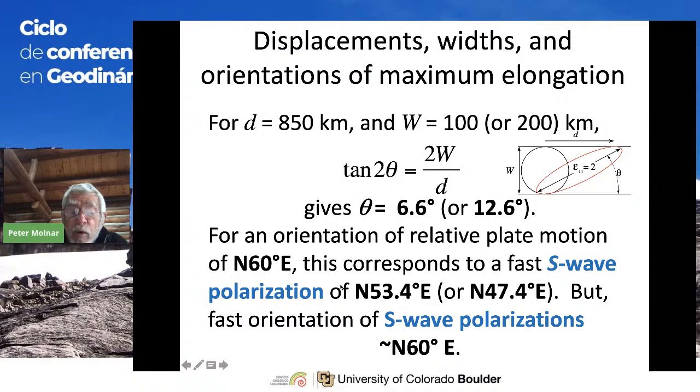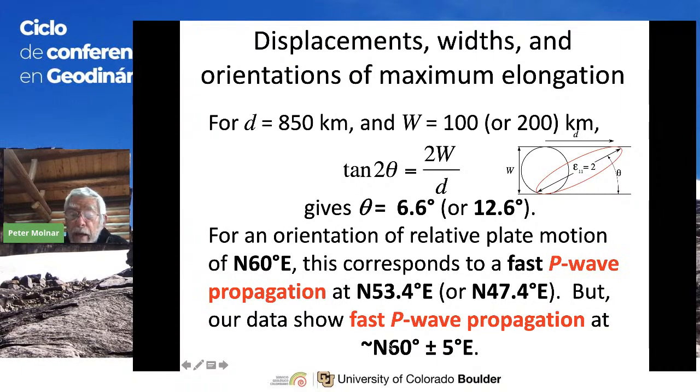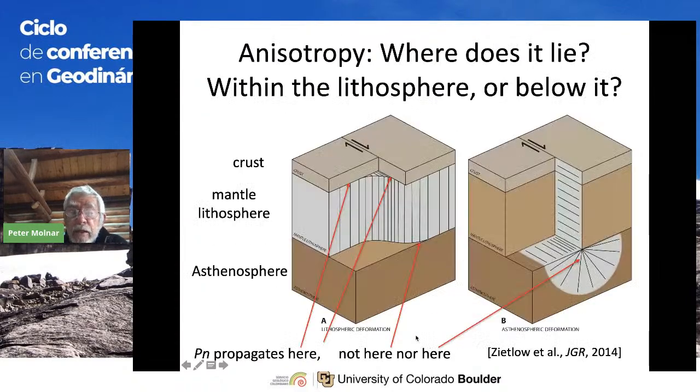The S-wave polarization would be predicted to be maximum with this angle, or this for a 200-kilometer wide zone. But we measured S-wave polarizations close to north 60 east. Well, if we look at P waves, same numbers, the fast P-wave propagation that we observe is close to north 60 east, close to the plate motion orientation.